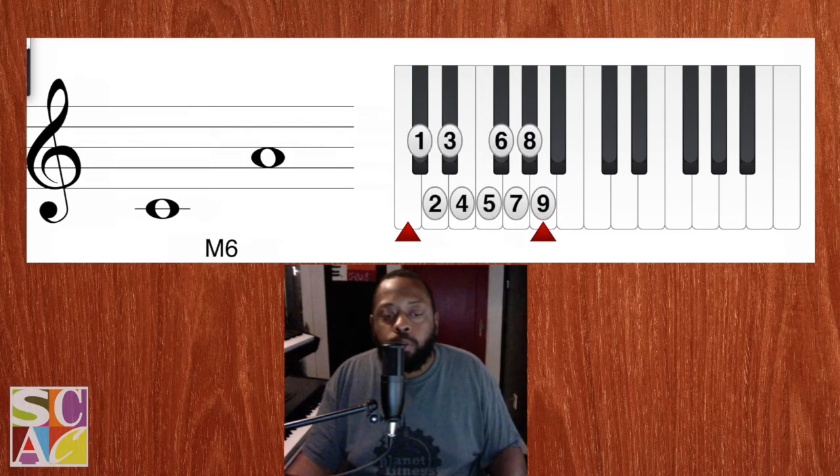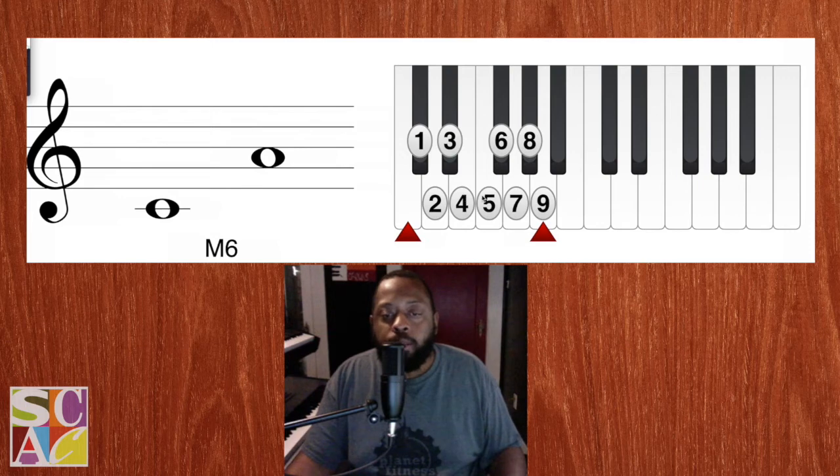Let's go now to the major sixth. It consists of 9 half steps. Let's go to the keyboard. From C to C sharp is 1. From C sharp to D is 2. From D to D sharp is 3. From D sharp to E is 4.